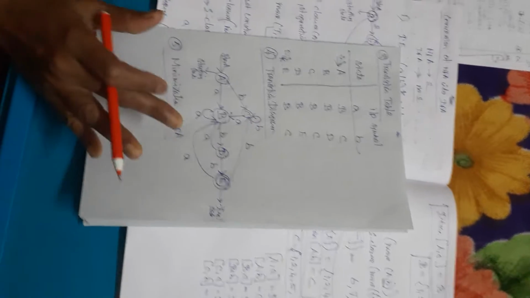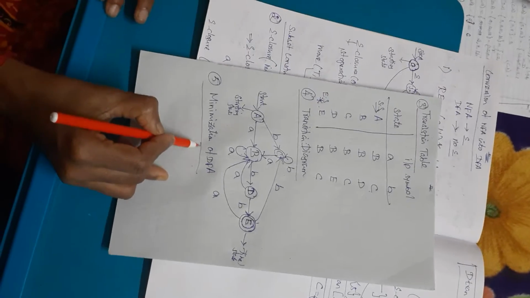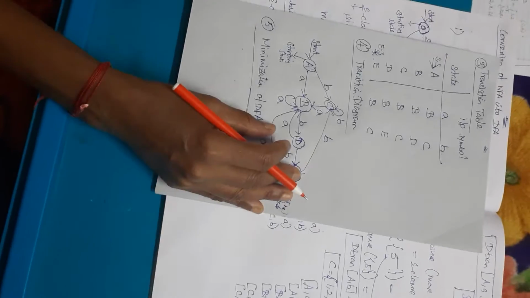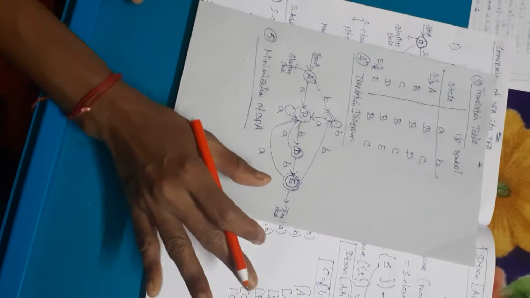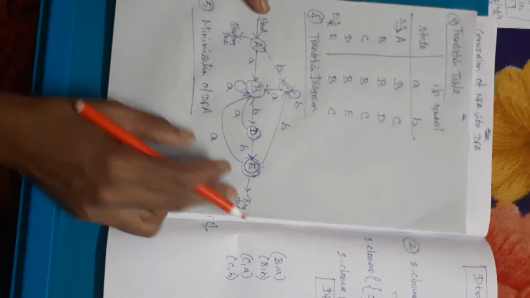You can stop the problem there. Otherwise, conversion of NFA to DFA with the minimization of DFA means you go for the 5th step. Otherwise no need to go for the 5th step. You can stop the iteration at the 4th step, the transition diagram.